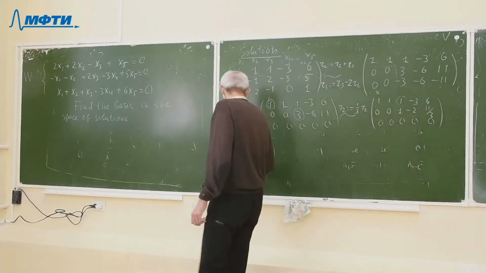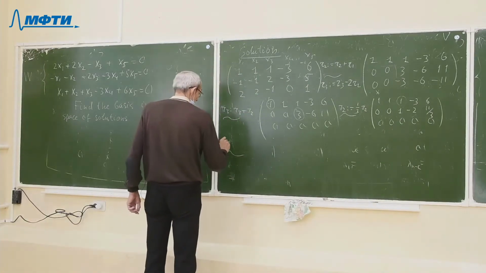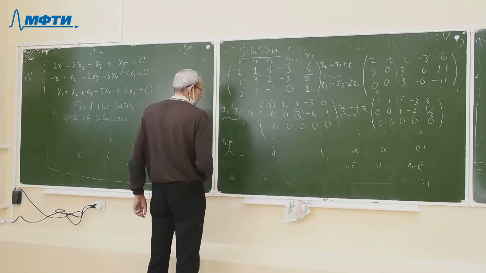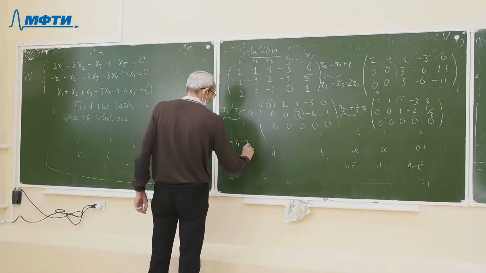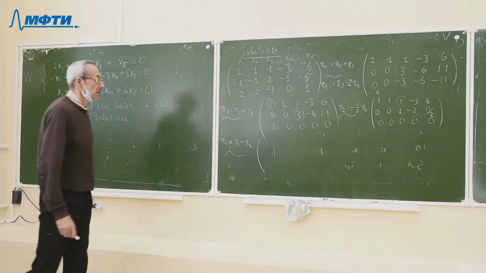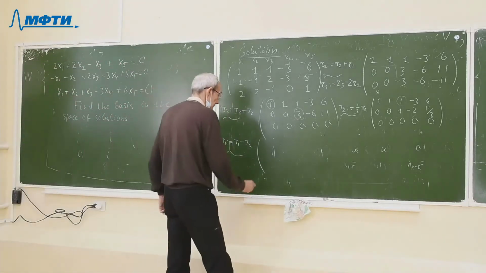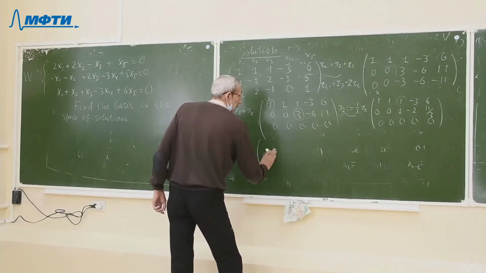The elementary transformation is the following: R1 is equal to R1 minus R2. I subtract the second row from the first. 0.